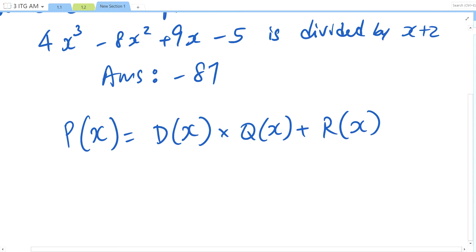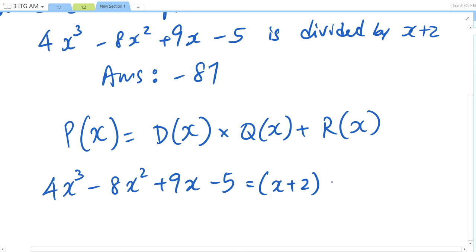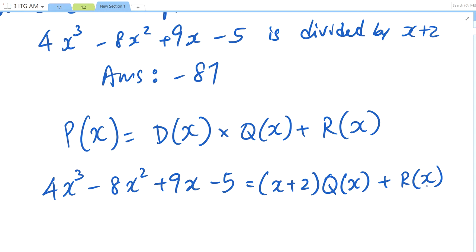What is my dividend? 4x cubed minus 8x squared plus 9x minus 5 equals the divisor. What is the divisor? x plus 2, right? Then multiply by the quotient. Did we do the quotient? Suppose I don't do long division. I don't know what the quotient is, right? Then plus the remainder Rx, correct? Is this correct so far? Based on the question, what does the question ask me to find out? Remainder. This is what I want, right?